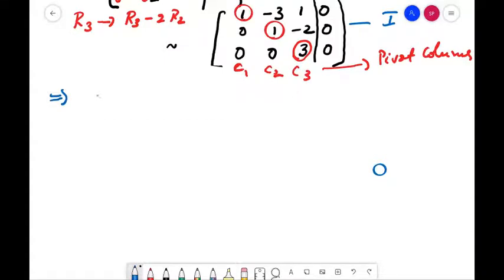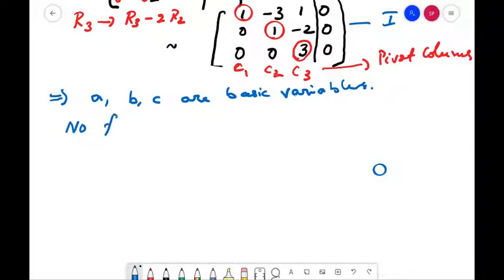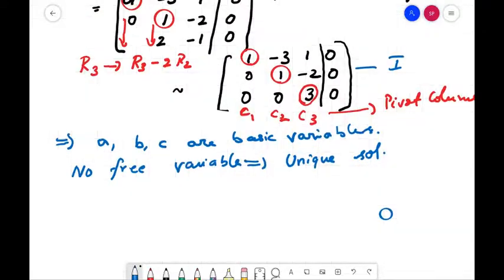So what are the three variables in this? a, b, c are basic variables. Then is there any free variable? No free variable. If there is no free variable, that implies a unique solution. And this is a homogeneous system of equations.